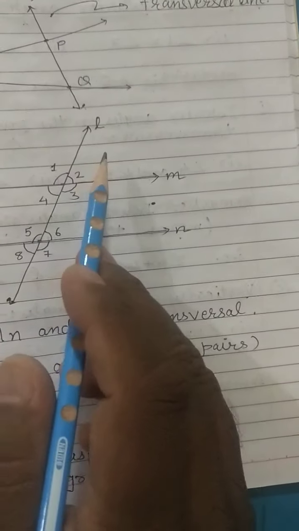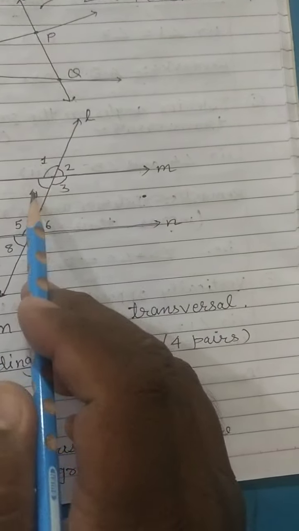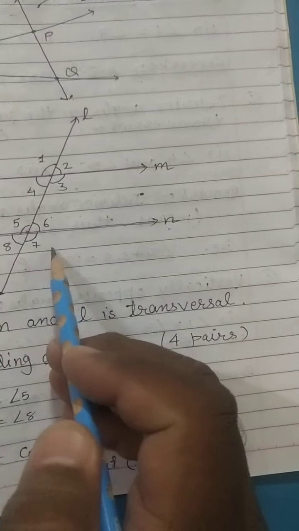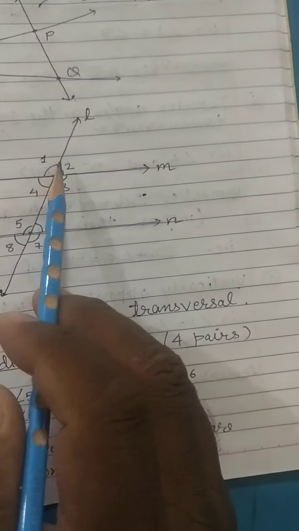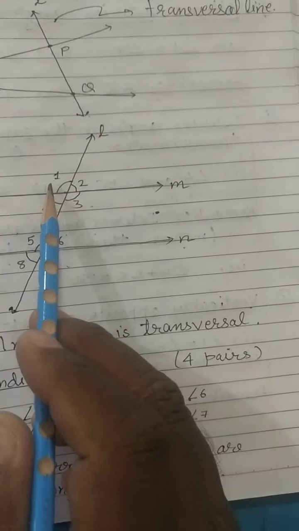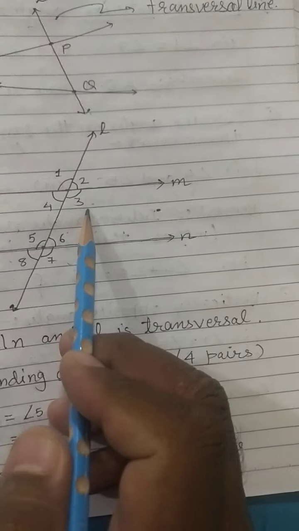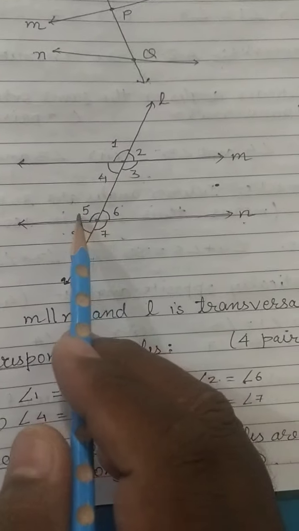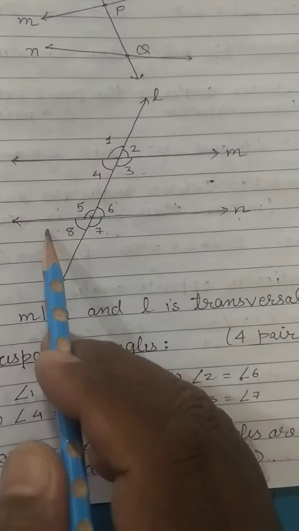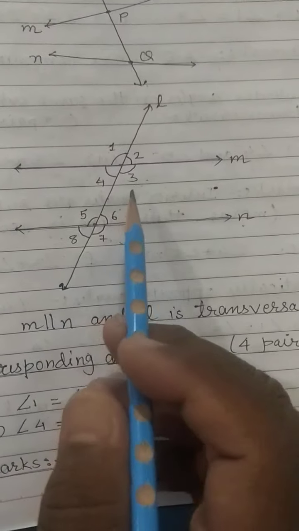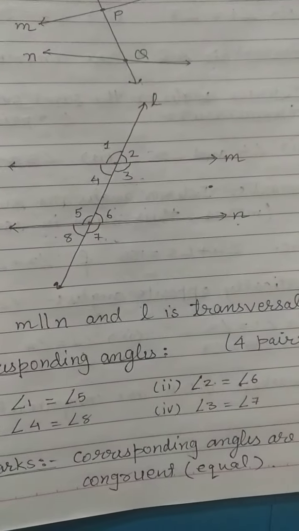So 8 angles are made here. You can check. I have named the angles: angle 1, angle 2, angle 3, angle 4, angle 5, angle 6, angle 7, angle 8. Right? So these 8 angles are formed here.